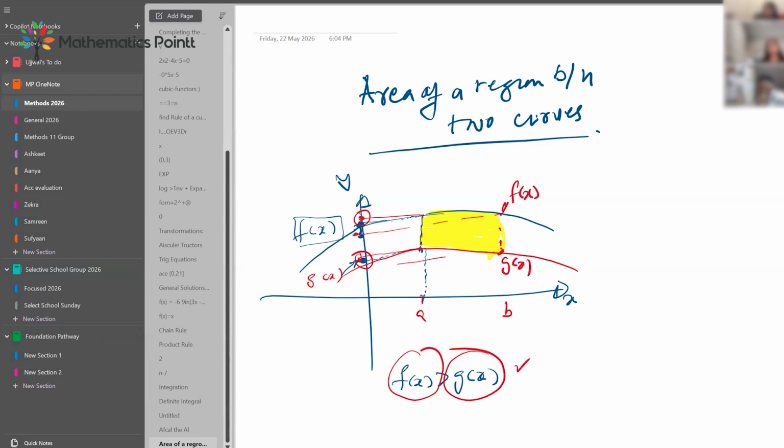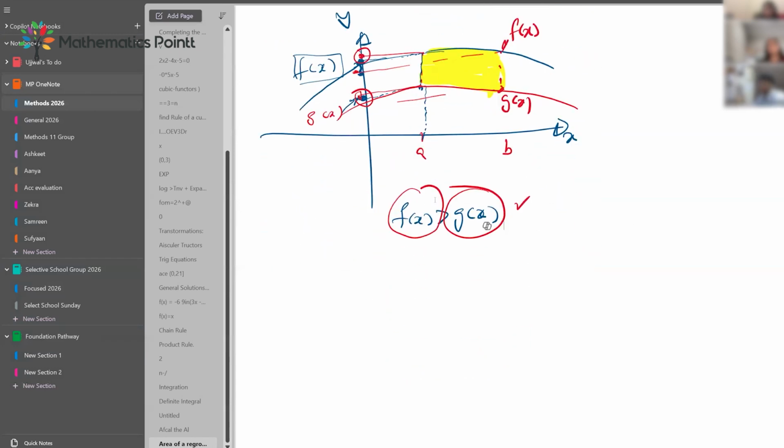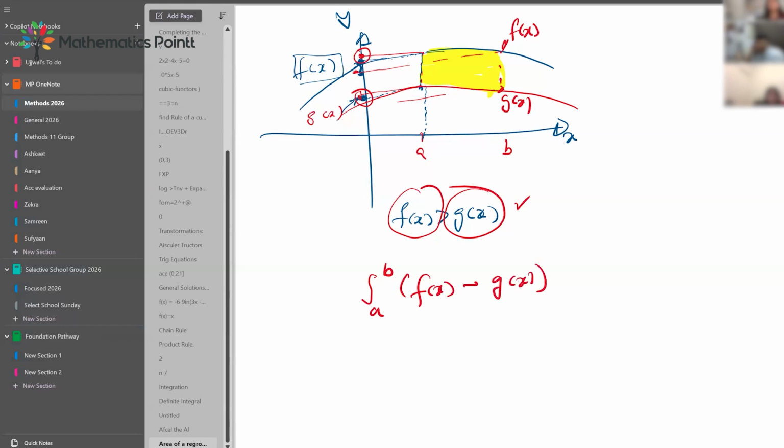Now, the easy eyeball check is when there are curves lying one on top of the other, the curve that sits on top is greater than the curve that sits at the bottom. Very, very simple eyeball check. In this scenario, that's the case. So the definite integral tells me that the area for this region, the yellow region, between A and B is the integral of f of x take away g of x dx.